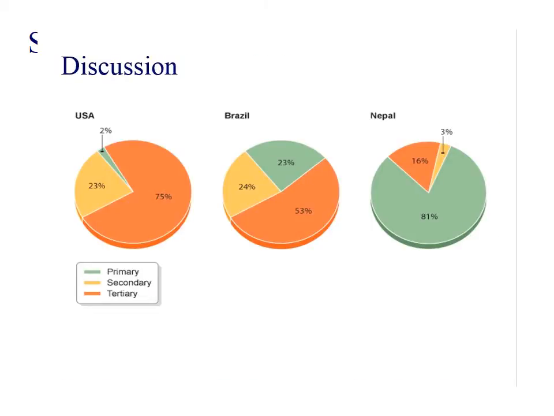Okay, so if we look at different countries, the more developed it is, the bigger their tertiary sector seems to be. So Brazil is really going for this industrialization process, and Nepal is not quite industrialized yet, so very much based on the primary sector of the economy.